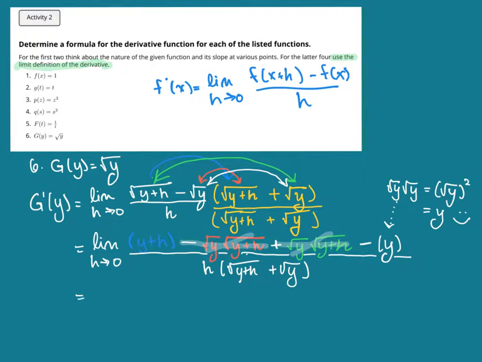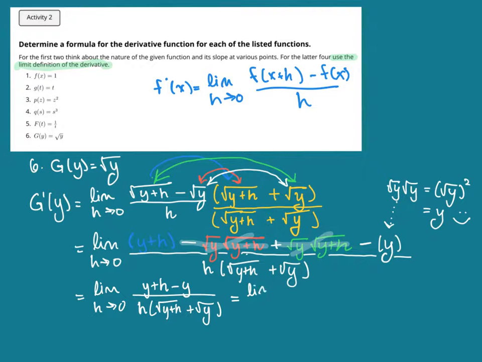And what we are dealing with is the limit as h approaches 0 of y plus h minus y over h times the square root of y plus h plus the square root of y. Okay, so if you like doing all of that multiplying out with the conjugate in your head, it is totally reasonable to skip that middle line at the moment and just jump to this point, as long as you know you can justify every step.